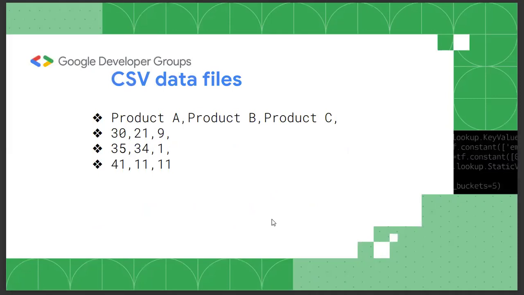Let's jump to VS Code. Okay, this is an example of a CSV data file. Now, what you see here, Product A, this is a column name. Product B is also a column name. Product C is also a column name. And these are the values. This is for Product A, this is for Product B, this is for Product C. But you can see that all the items are separated by commas.